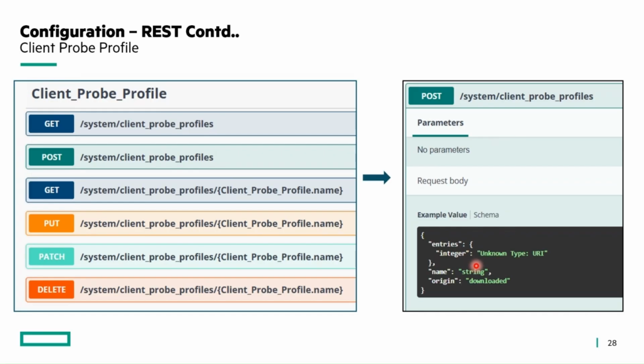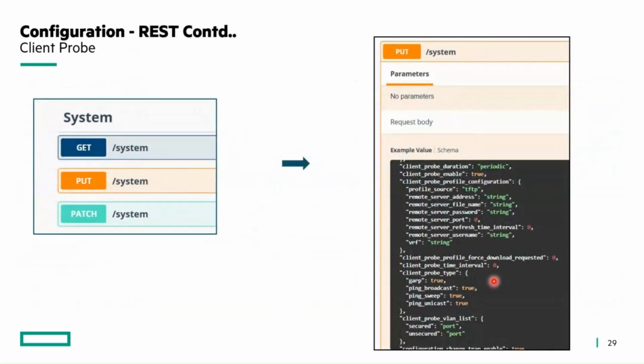It has the entry as well as the name for the probe profile and whether it is a local or a downloaded one. Once you have configured the profile entry as well as the probe profile, next come the overall global client probe configurations. Those are available in the system level context only.